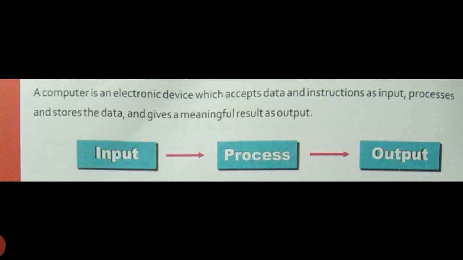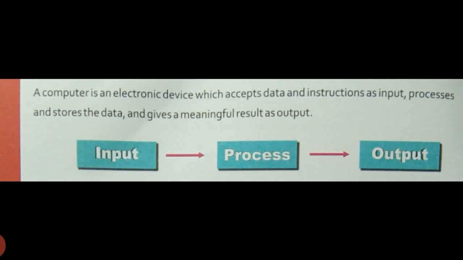input, process and output. For example, if you want to calculate two different numbers, the first number is the input, and the second number is also input. Now we want to make a summation of these two numbers. For example, the first number is 10 and the second number is 10, so both are the input.